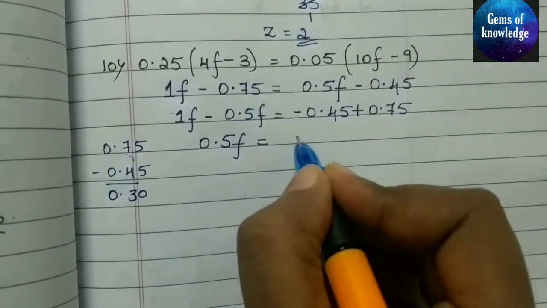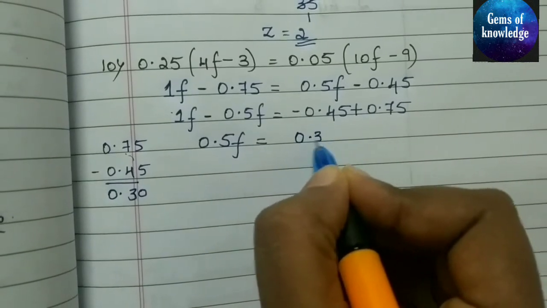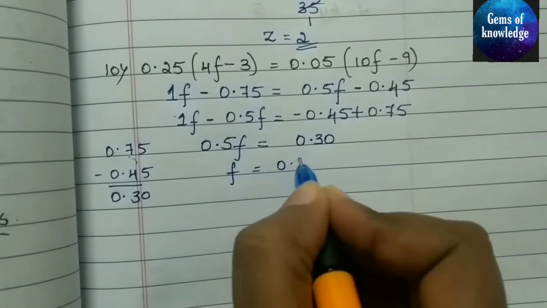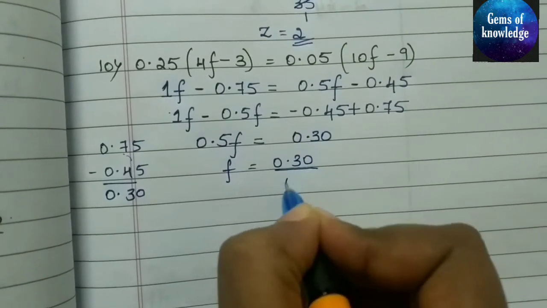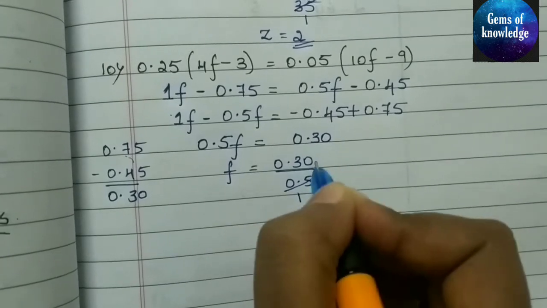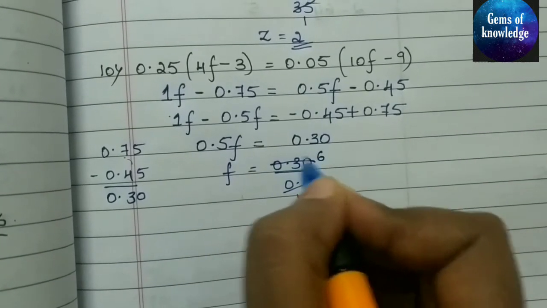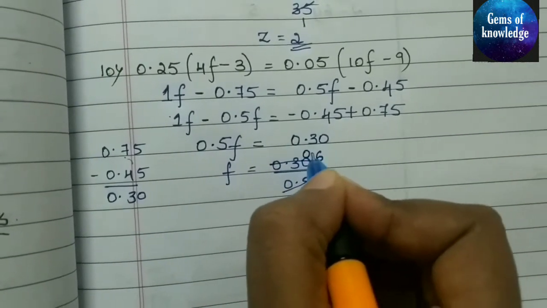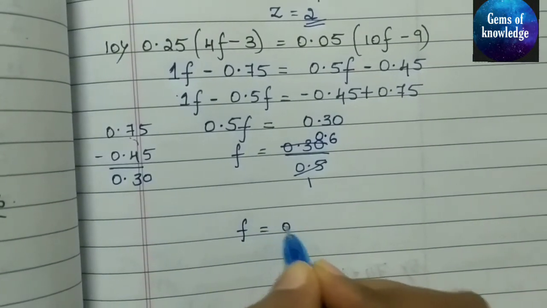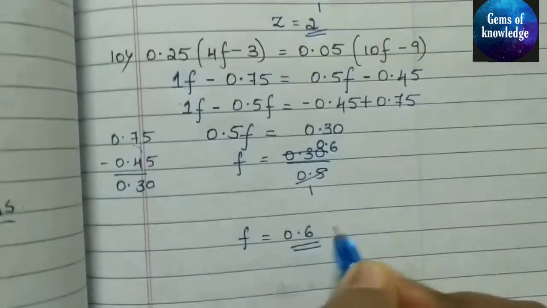So here we get 0.30. Next, f is equal to 0.30 divided by 0.5. So 5 ones are 5 and 5 sixes are 30, the 0 point will be as it is. So we get the value of f as 0.6.